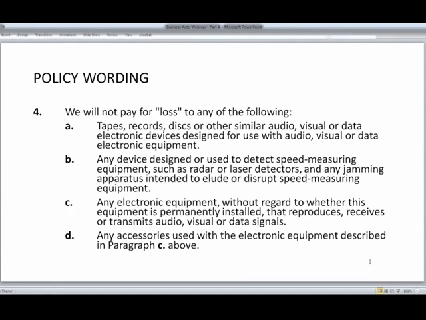We do not cover electrical equipment, without regard to whether the equipment is permanently installed, that reproduces, receives, or transmits audio-visual data signals, or any accessories for such equipment like antennas, discs, and those things. Those are not covered here. That's types of property. Later we're going to talk about endorsement CE 9960 that you can buy back the electrical equipment and the apparatus to install it in the form itself.